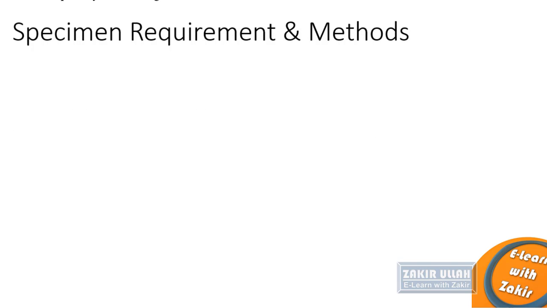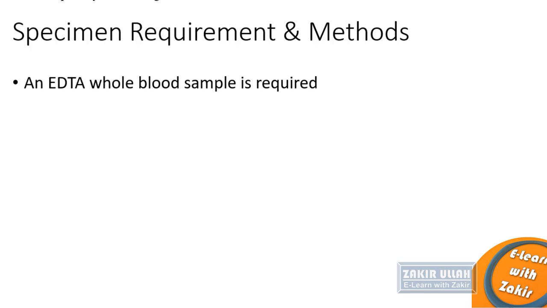Now, what are the specimen requirements and the different methods which are performed for finding out the HbA1c level? For HbA1c or glycated hemoglobin, we require a blood sample to which EDTA is added, because EDTA is basically a calcium chelator and it also helps stop blood clotting.